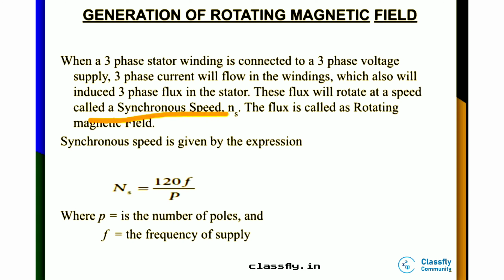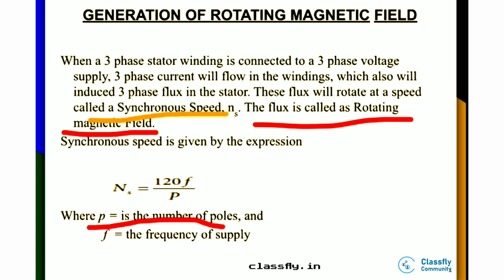So what I have said is that the stator is constant but its magnetic field changes, right? So that flux is called the rotating magnetic field. We can represent synchronous speed as N equals 120 f by P, where P is the number of poles and f is the frequency of the supply, and it is in RPM, that is revolutions per minute.